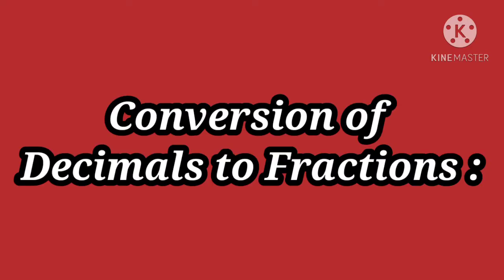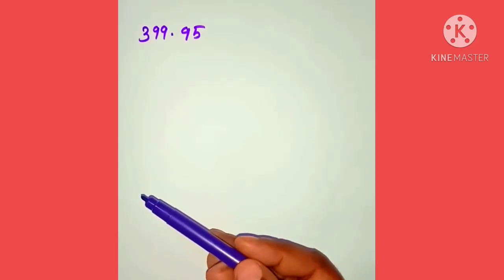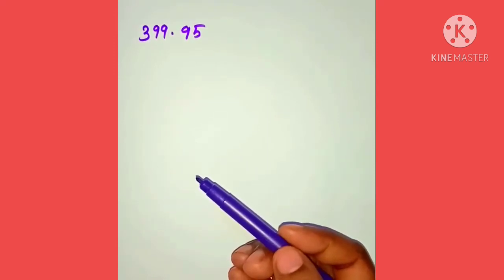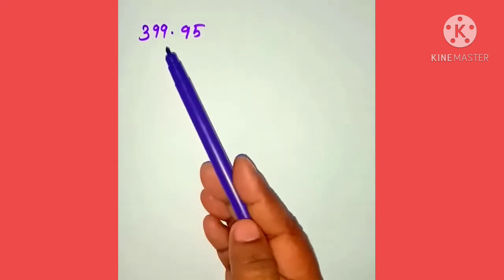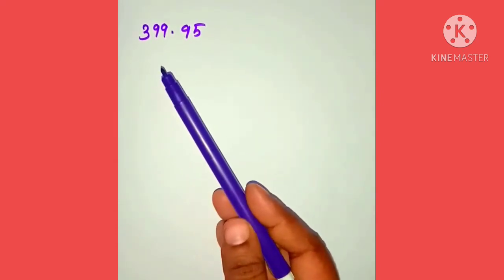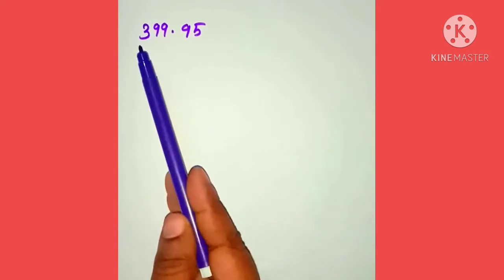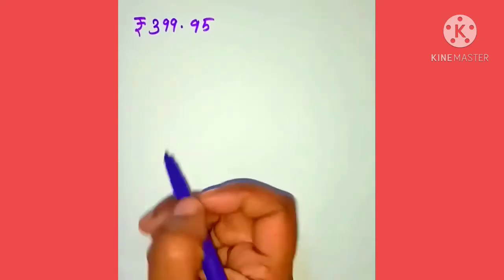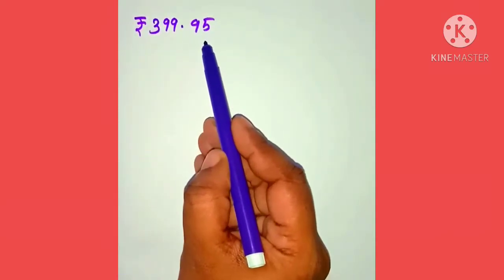Now, students, let's see conversion of decimals to fractions. As we convert fractions into decimal numbers, decimal numbers can also be expressed as fractions. For example, let the price of brand X slippers be rupees 399.95.